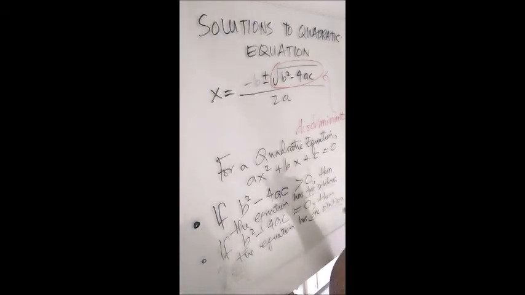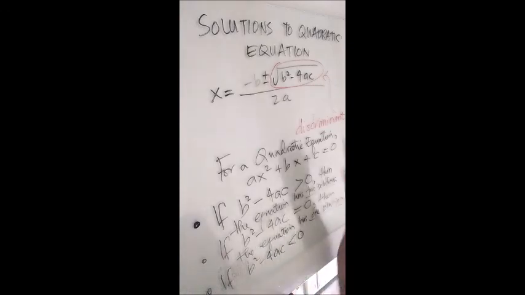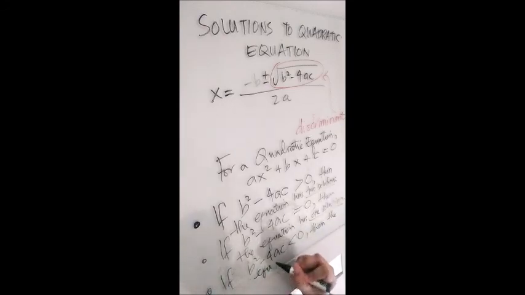Okay, so if it's greater than 0, two solutions; equal to 0, one solution. And if b squared minus 4ac is less than 0, if it's negative, then the equation has no solution.